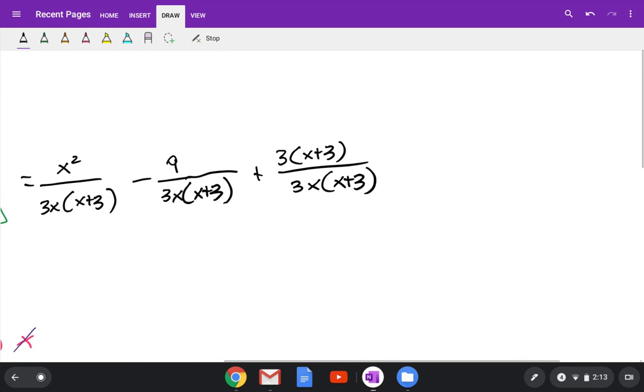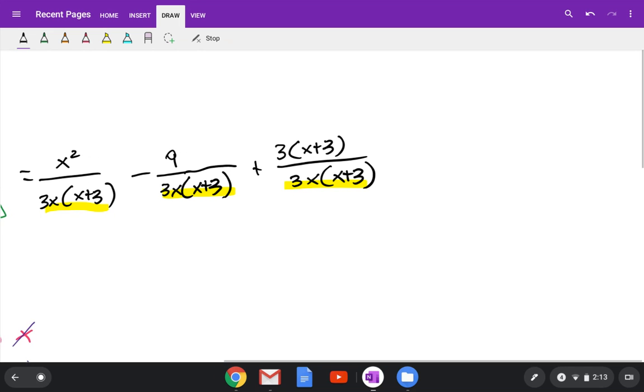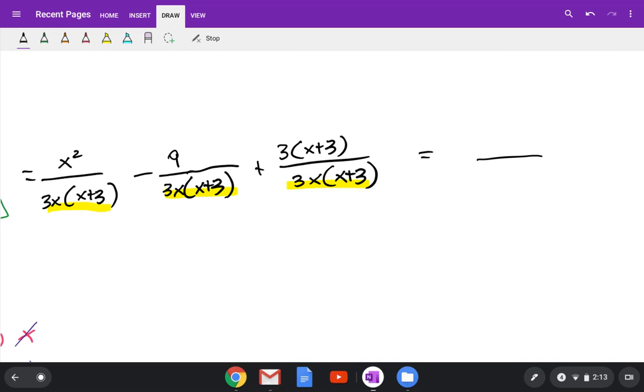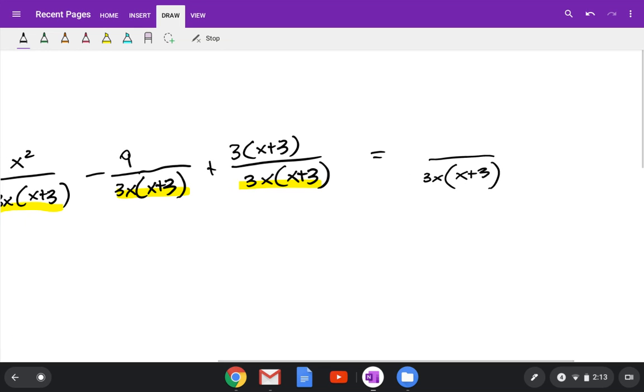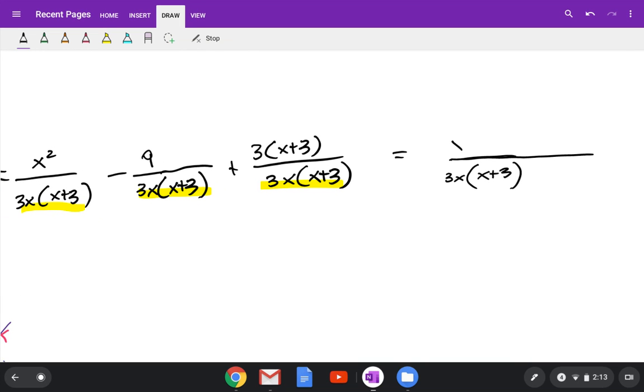So now we're ready to subtract them because we have the same common denominator, which is the LCD. So you copy the denominator once. We're getting here 3x times x plus 3. And we combine numerators. So that will be x squared minus 9 plus 3 times x plus 3.